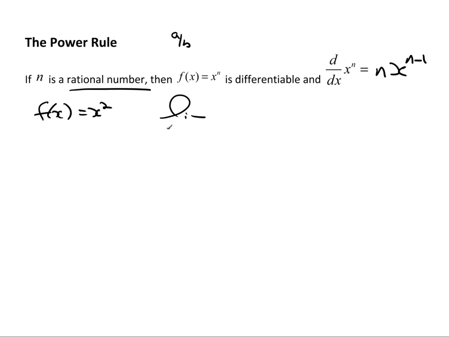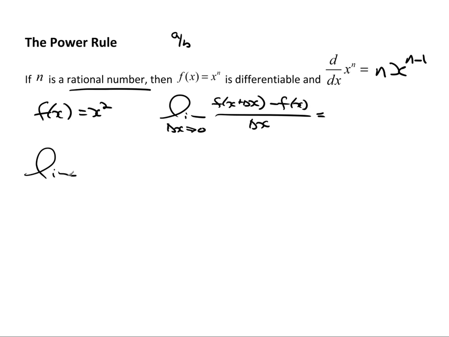we took the limit as delta x goes to 0 of f of x plus delta x minus f of x over delta x. That was equal to the limit as delta x goes to 0 of x plus delta x squared minus x squared over delta x.